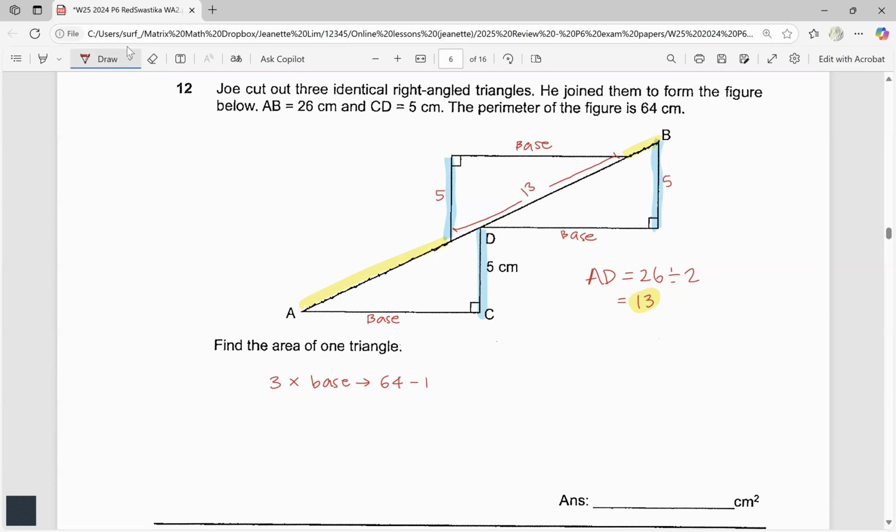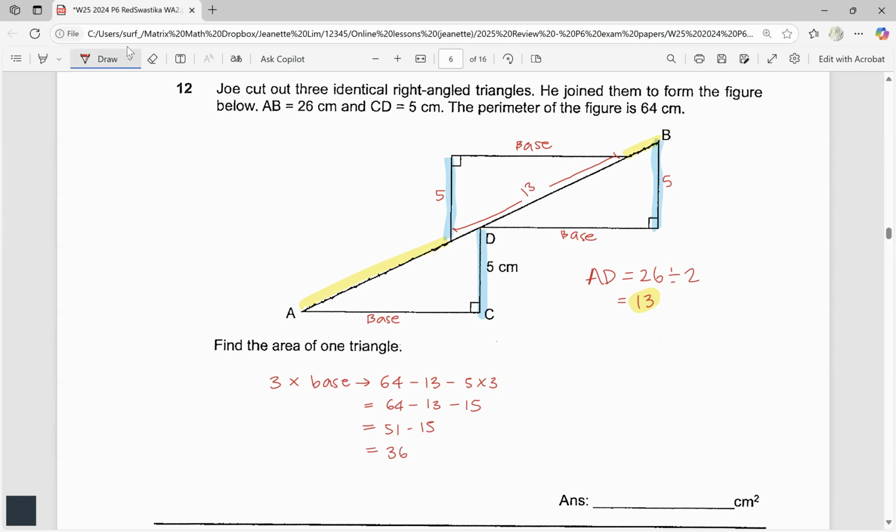minus 13 minus 5 times 3. The 5 times 3 is all the blue lines. So 64 minus 13 minus 15. This is 51 minus 15, 36.